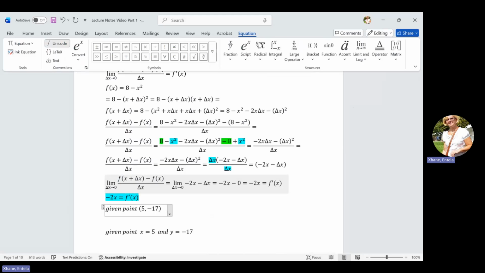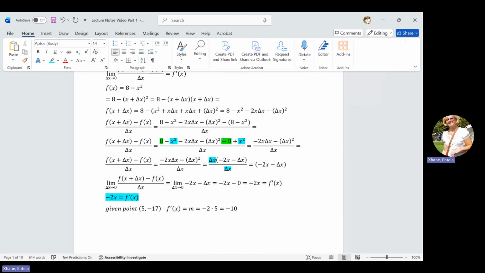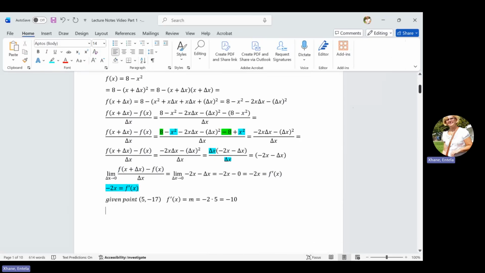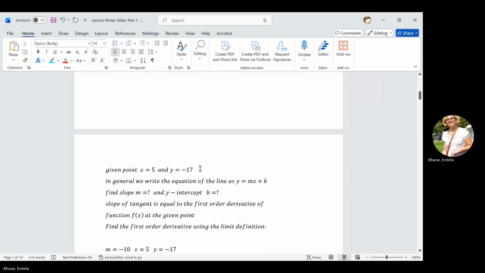So that means x is 5, y is -17. And then f prime of x, as I said, is going to become the slope m if x is substituted by the value of x, which is 5. So that's going to be -10. Therefore, the slope of the tangent line at the given point is -10.